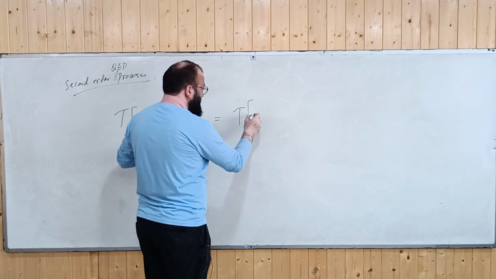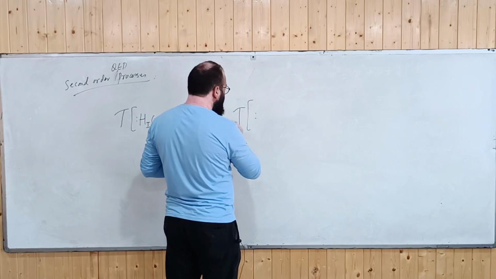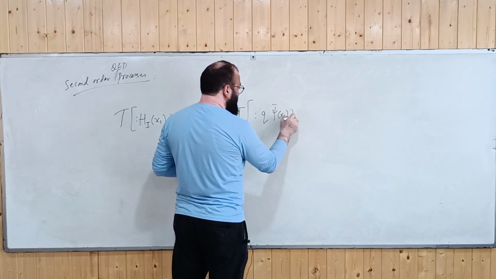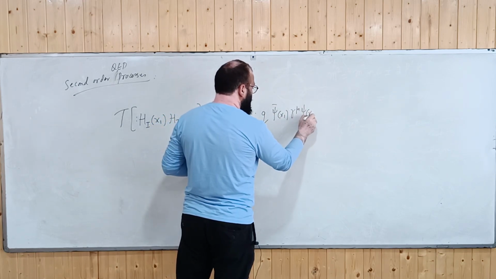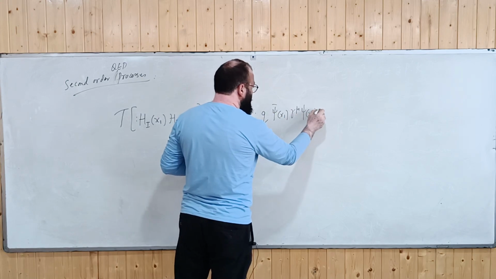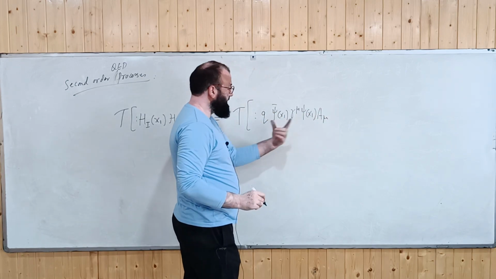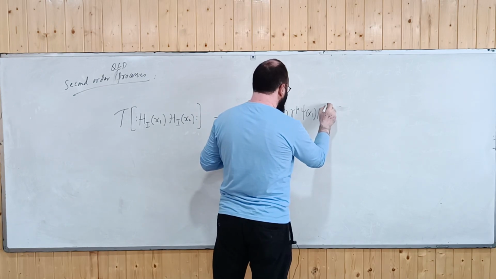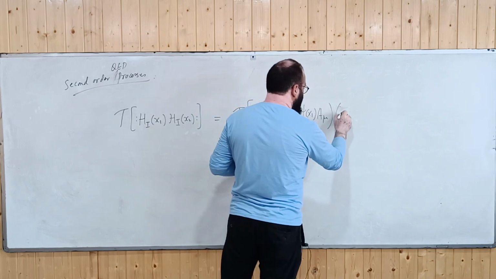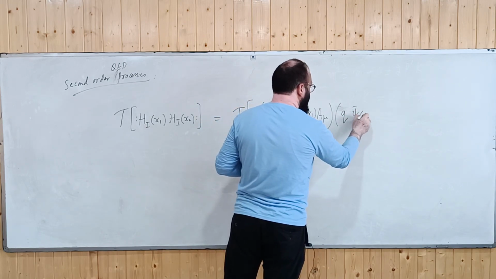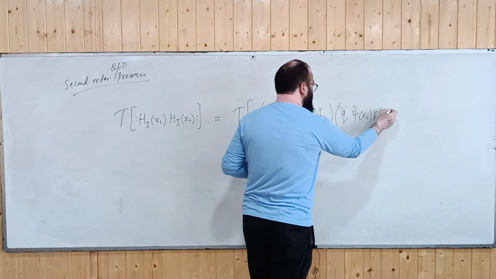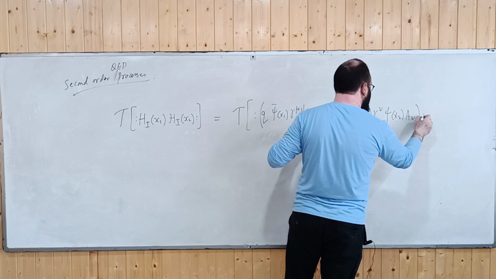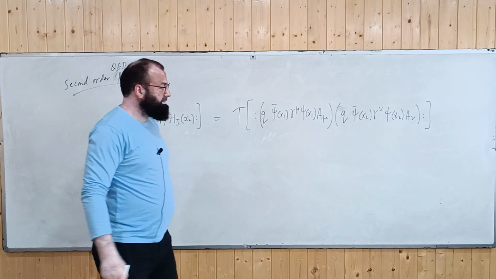So there is a time ordered product of Q psi bar of x1 gamma mu psi of x1, and there is an A mu. Then you have again Q psi bar of x2 gamma mu psi of x2 A mu, because mu is a dummy index. Clear?